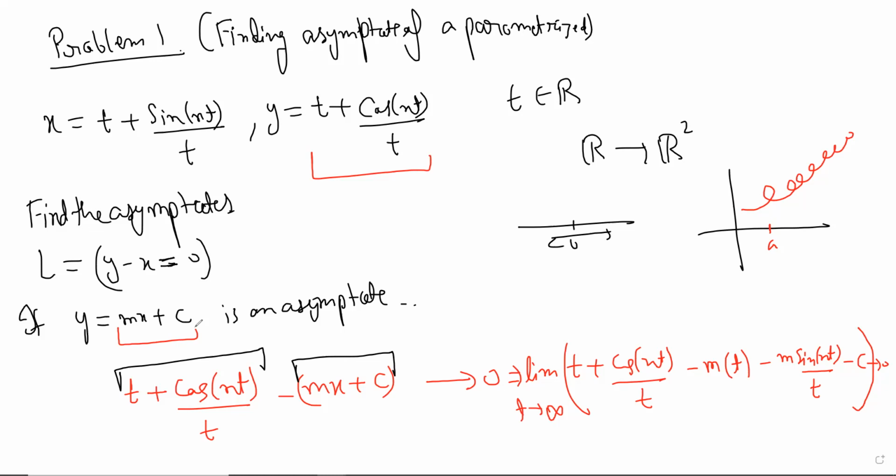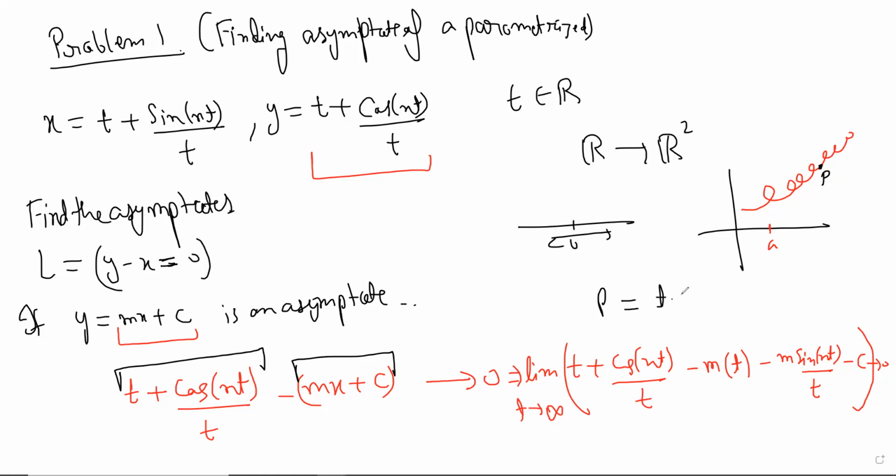Well, so you see, if you take any point on this curve, let's say you take a point P, right? Now, what is the y coordinate of P? This P is corresponding to some value of T, right?